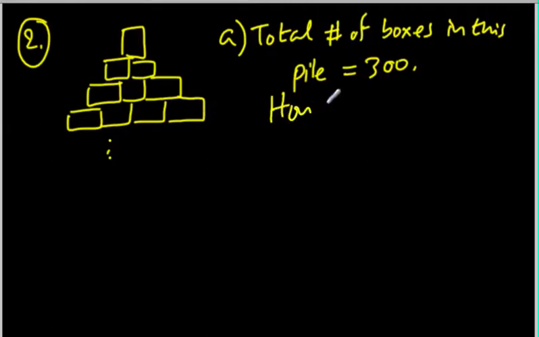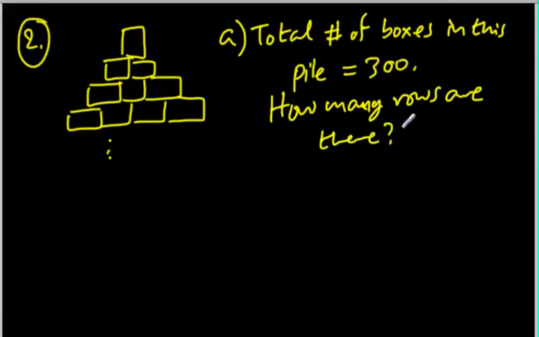So how do we determine that? Whenever you hear the word total, especially when it relates to arithmetic sequences and series, that should ring a bell that they've given you the sum. In other words, they've told you that Sn is equal to 300.